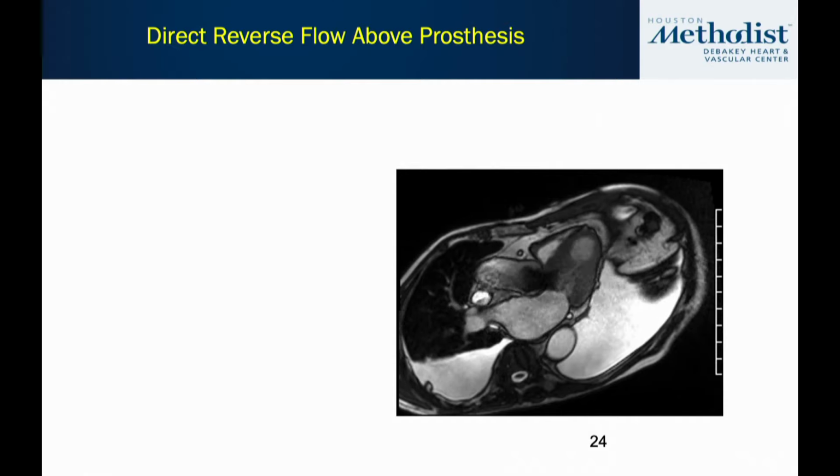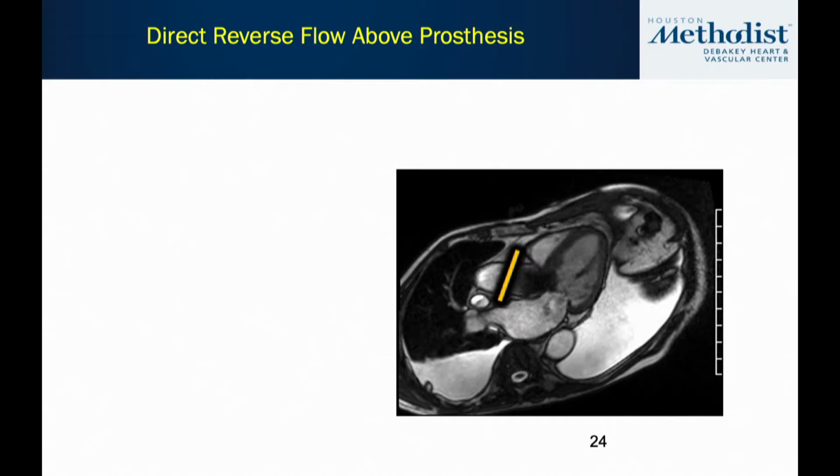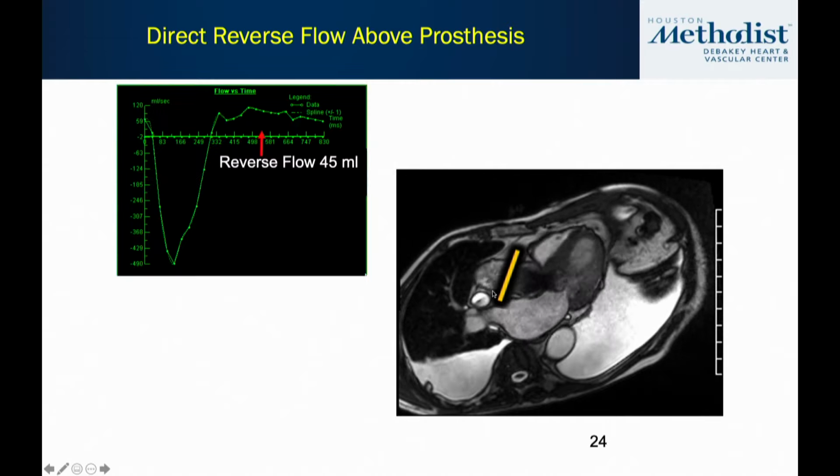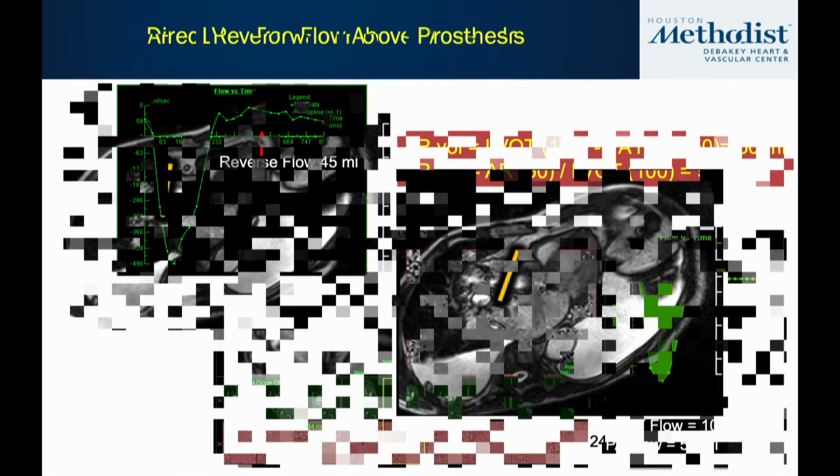And we can quantify this by two methodologies. One would be placing a phase contrast plane in the ascending aorta distal to the prosthesis. From that, we determine that there's about 45 cc's of retrograde flow during diastole.